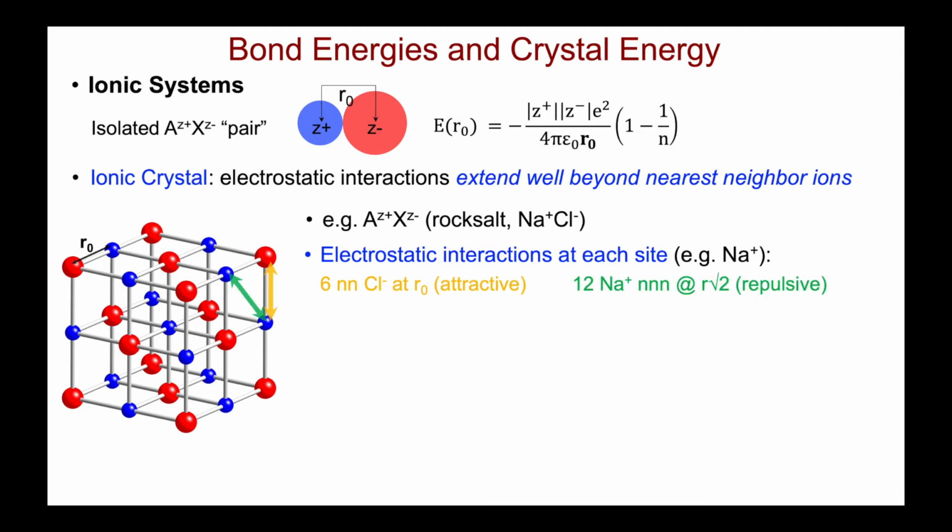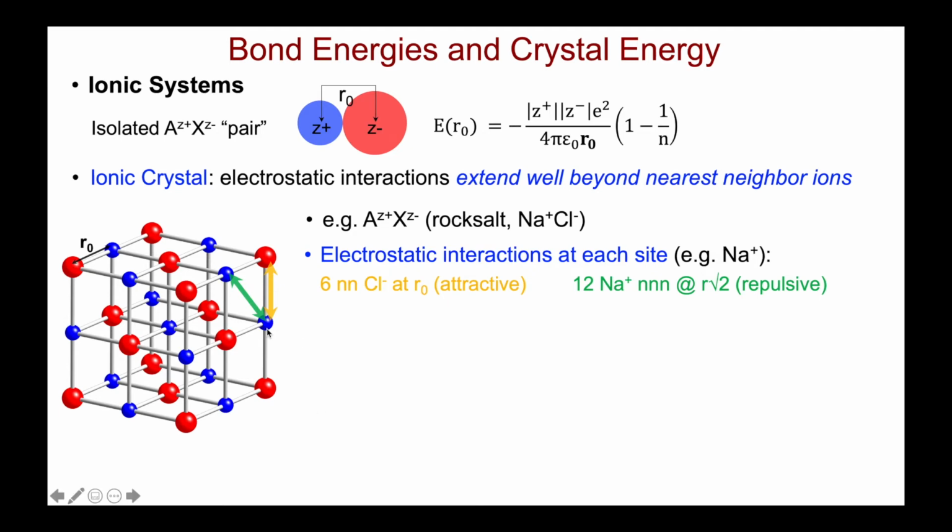However, a little bit further away are other sodium cations, shown in green. So at this distance, which from the geometry is R0 times root 2, there are in fact 12 sodium cation next nearest neighbors. And those interactions will be repulsive.